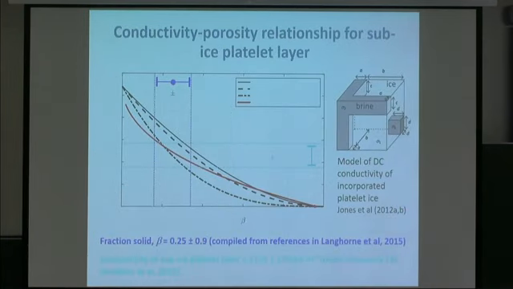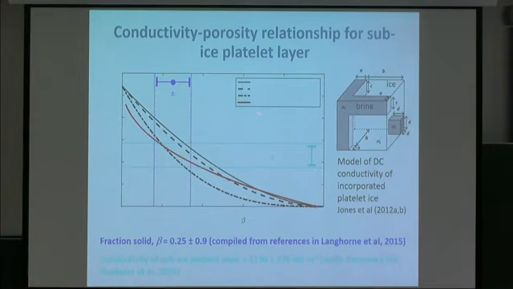And the reason we think that is from this, oh dear, we seem to have lost the labels. So what we have here is mixture conductivity against porosity. And, oh dear, that's got lost too. So this is our estimate of porosity, or ice volume fraction. That was 0.25 plus or minus 0.9. And on here we have a range of possible conductivities from Hunkeler et al.'s work.